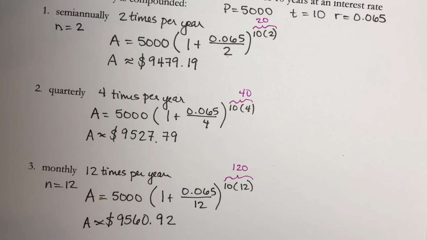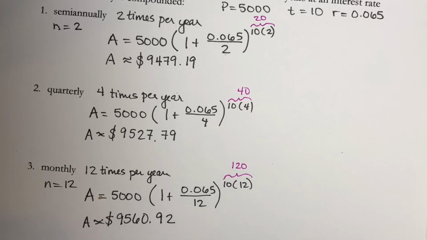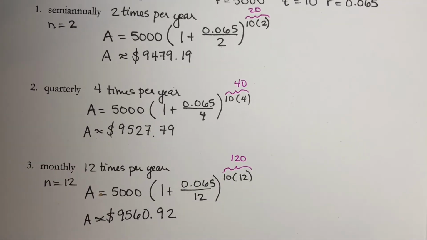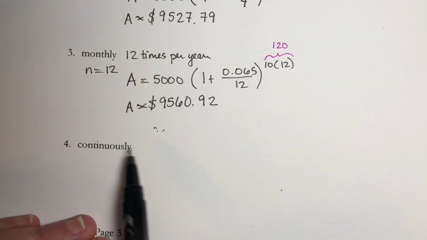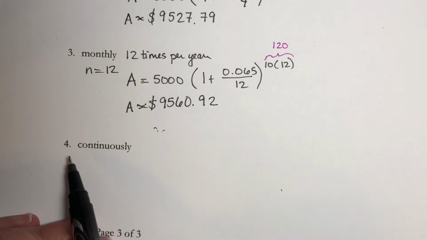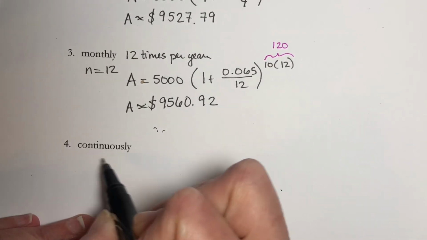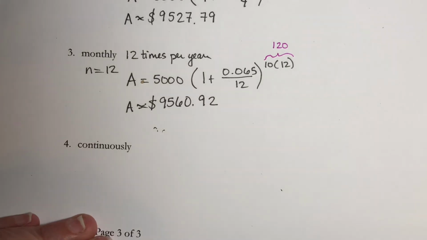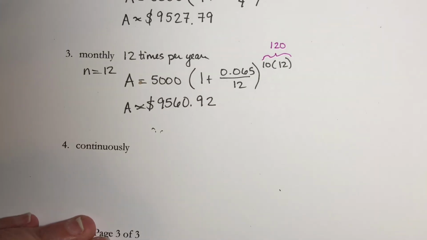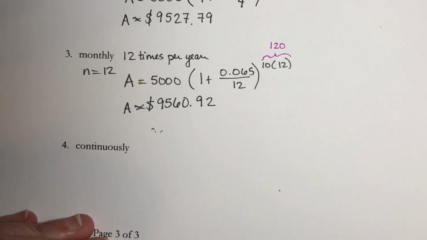And the natural question is, is there a limit? What happens if we did it every single time? So let's look at it if it's compounded continuously. Now, there's no number to plug in for n here because continuously is more than every nanosecond. It is all the time, as many times as you can possibly imagine.